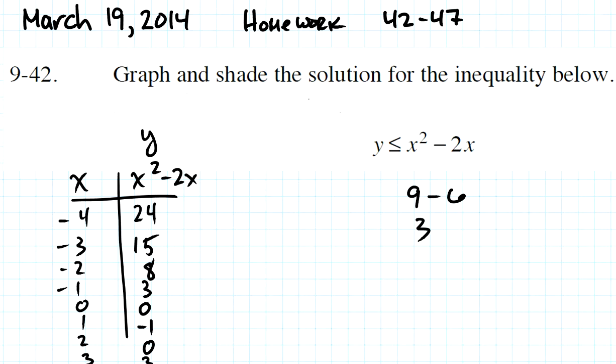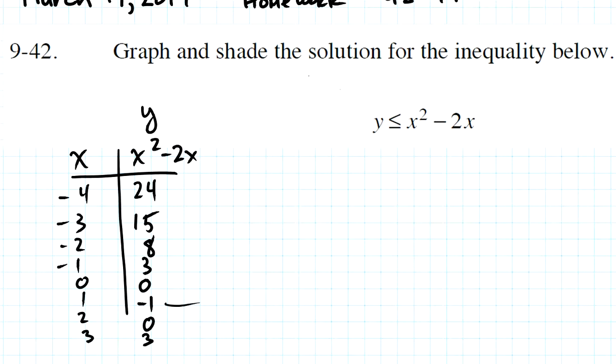So when x is 3, I would get 3. So I have quite a few values here, and I think I have an idea of what's going on. It appears that this function is going to bottom out when x is 1. It produces a value of -1. And I see a certain amount of symmetry here. So I think I'm ready to go ahead and try and plot this function.